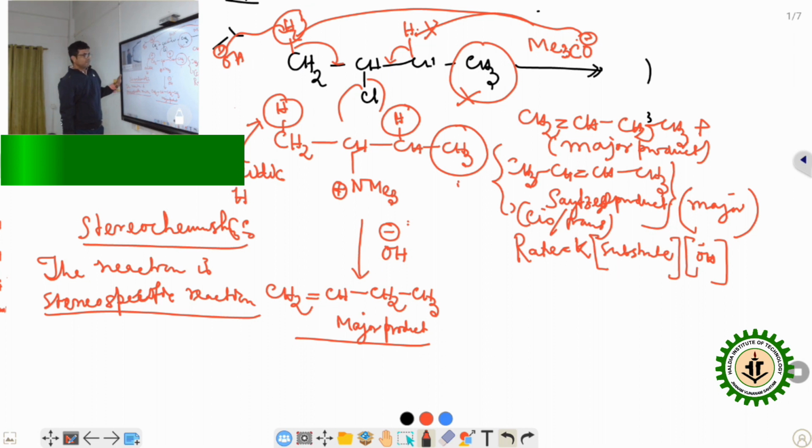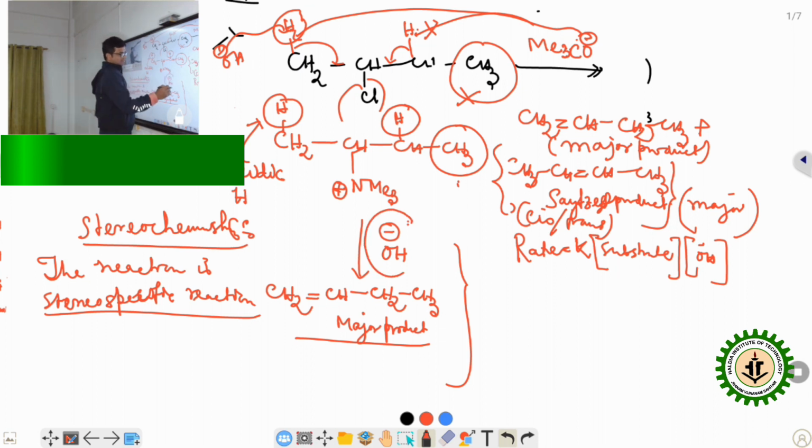And the role of solvent plays an important role. What kind of solvent will be used? If I use polar solvent, what will happen? Polar solvent can solvate this anion. As it solvates this anion, the abstraction of this proton by base will be hindered.